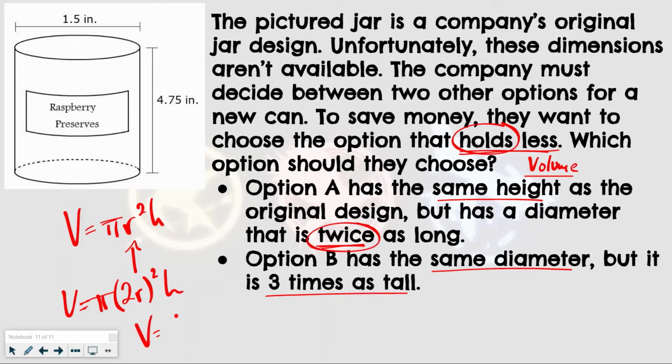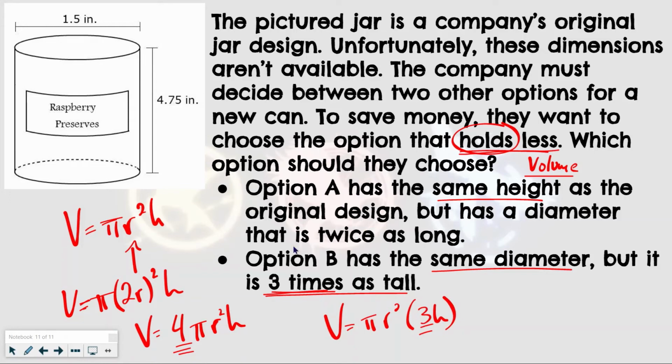So really, that would lead me to 4 times the original volume there. If I triple the height, it only has a factor of 3 that it's increasing the overall volume by. That's multiplying by 3. That's multiplying by 4. So option B is definitely the lower volume between those 2 options, and you don't actually need to find the exact number. We just know that the comparison to the original one leads to that one being the smaller one.